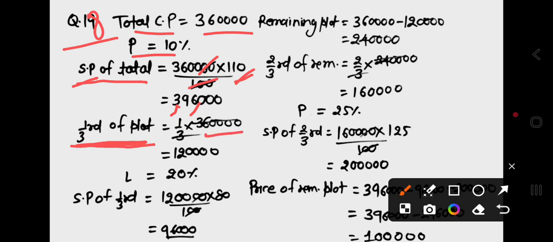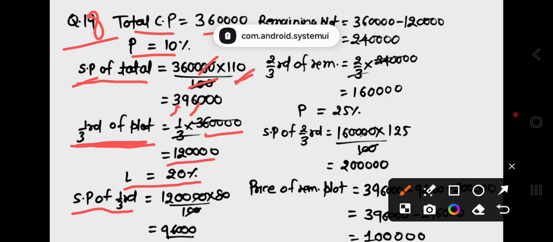Okay, let's proceed. 1/3 of plot, cost price of 1/3 of the plot, 1/3 into 3,60,000. It will cancel in 12 times. 12 3 is 36, so it will come 1,20,000. And 1/3 of the plot he has sold at a loss of 20%. Find the SP of 1/3 of the plot. So the formula will be the same here. CP into 100 minus loss upon 100.